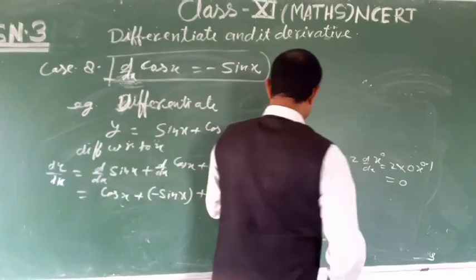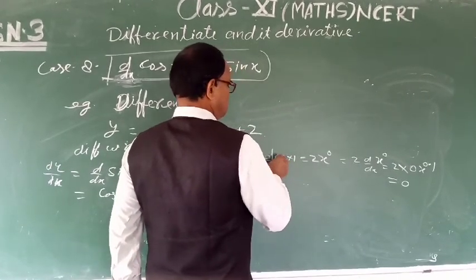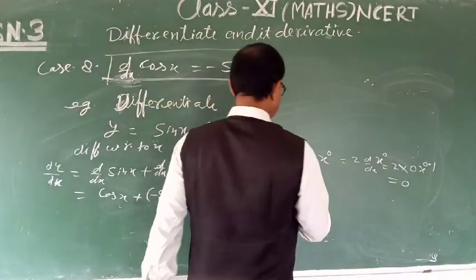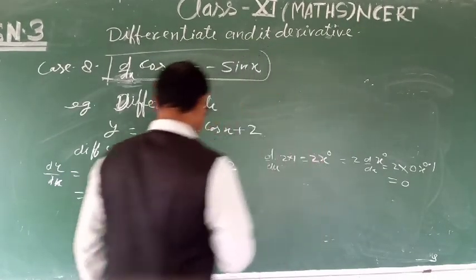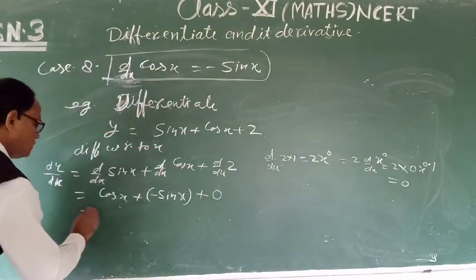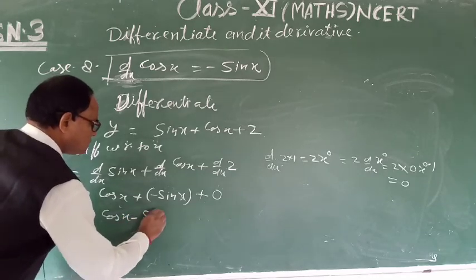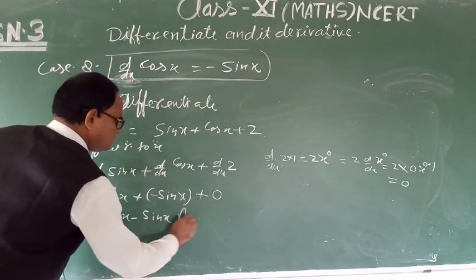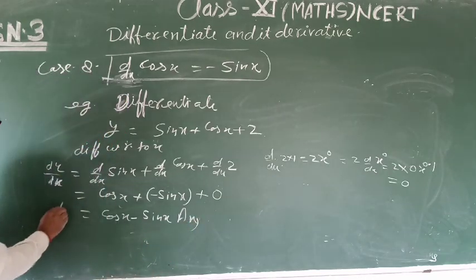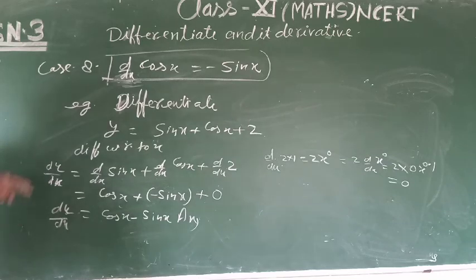Thus the value of d upon dx of 2 is equal to 0. Then we write here this value is 0. Here we write cos x minus sin x, which is the answer, dy by dx. Okay student, this is the answer. On this basis you can solve these types of questions.